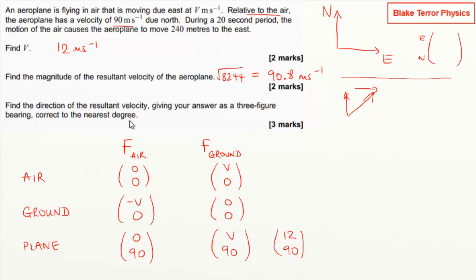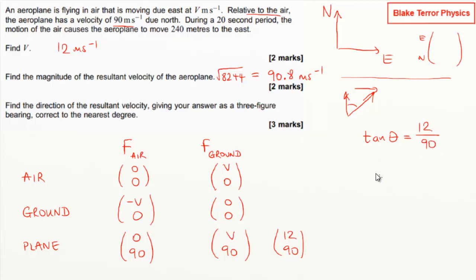Give your answer as a three-figure bearing. Okay, so we want this angle here essentially. So the tan of the angle is going to be the opposite, which is 12, divided by 90.